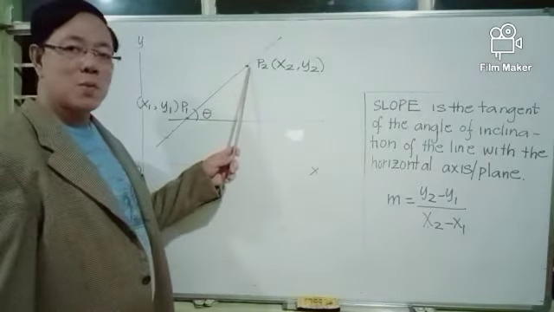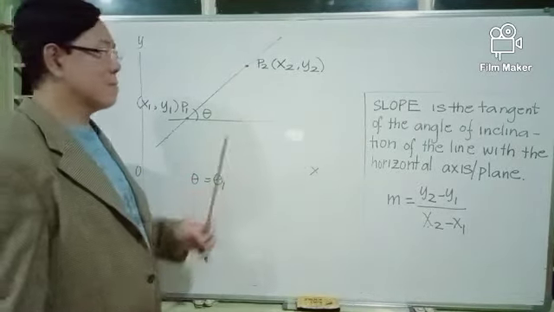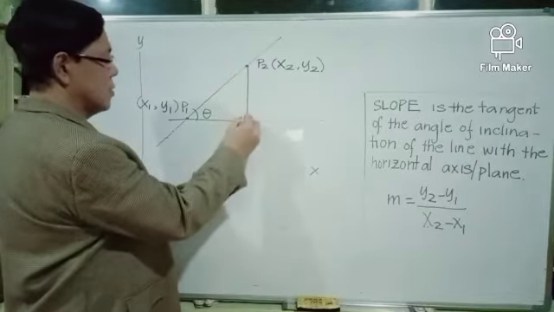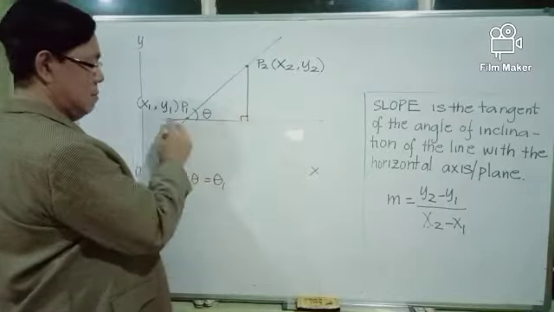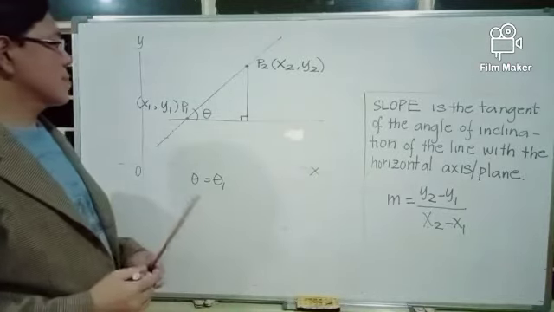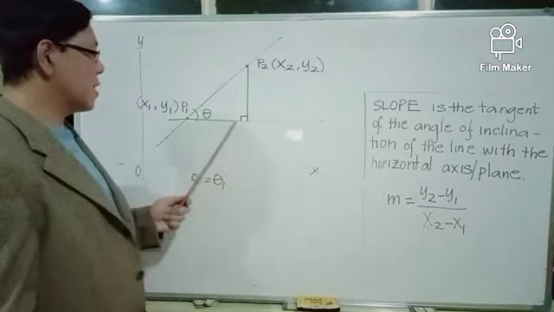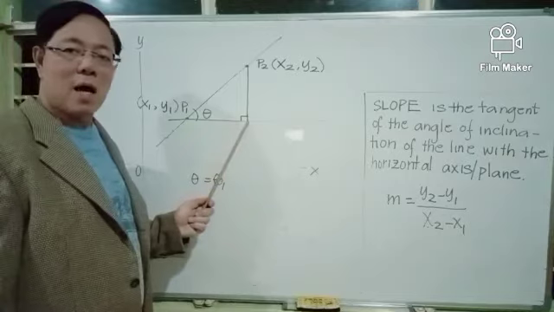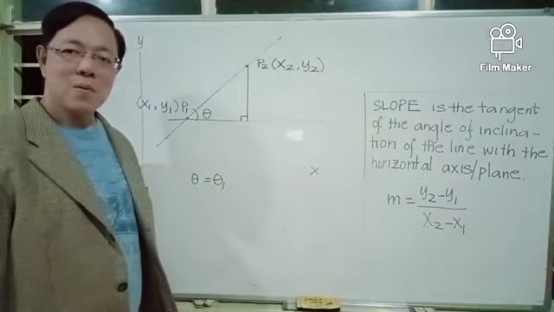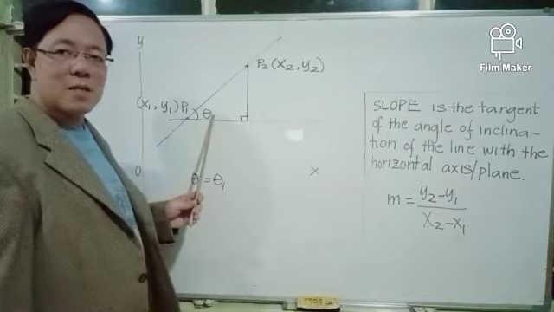From the point P2, we drop a perpendicular to the first line we have drawn parallel with the x-axis. Because this line is perpendicular to this line, they intersect at a right angle. Now we have drawn a right triangle, and the angle theta here is an acute angle.